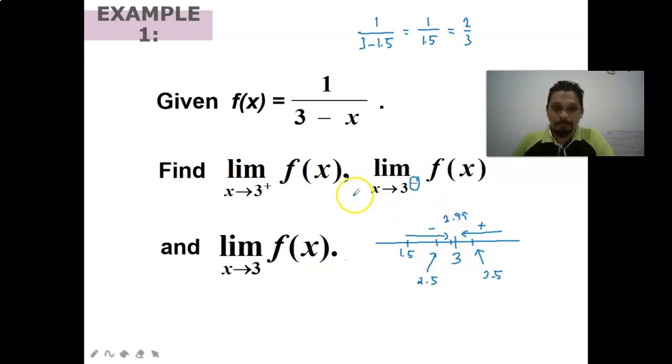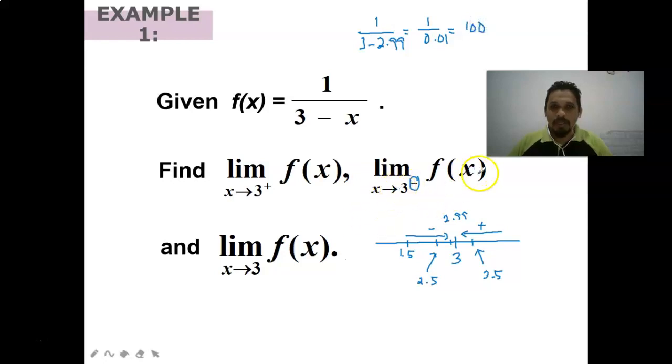Let's say 2.99. So 3 minus 2.99 equals 0.01, so 1 divided by 0.01 equals 100.